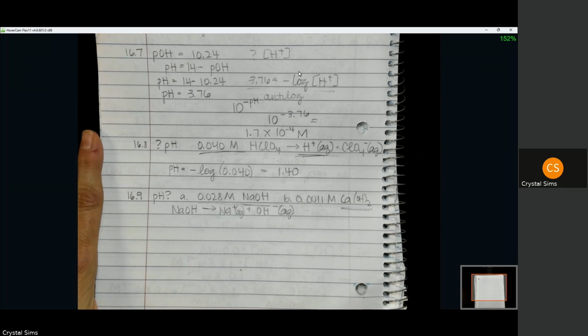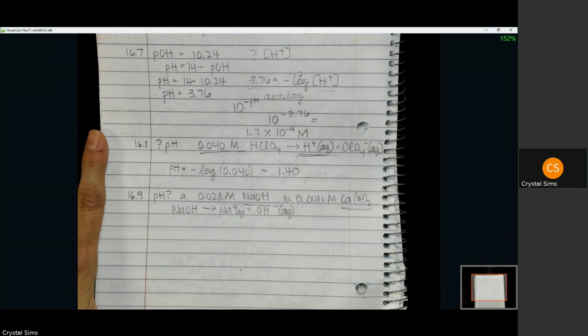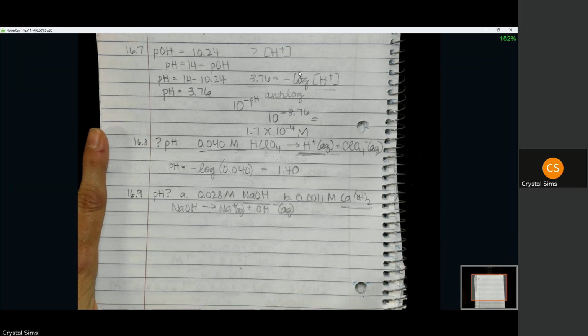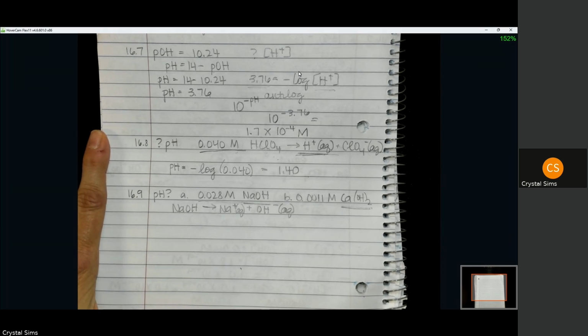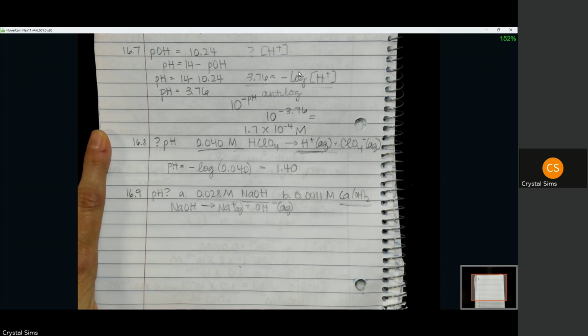So the OH, the hydroxide concentration is going to equal this. All right. So there are a couple of different ways that you can figure this out.